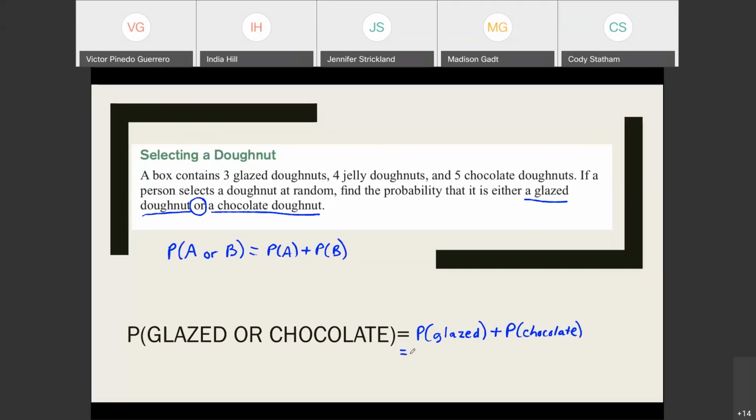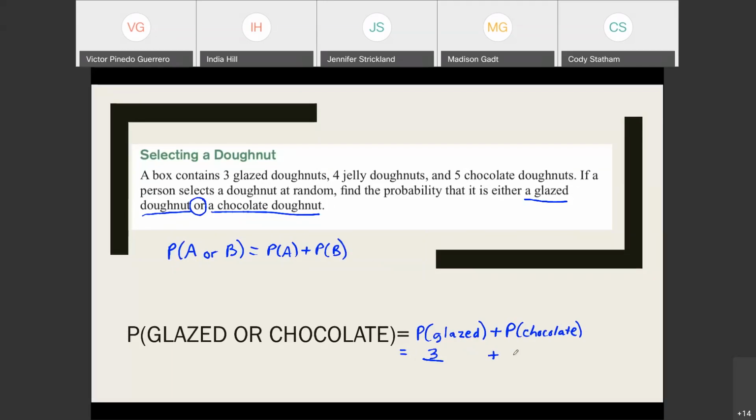So now I need to figure out the probability of selecting a glazed donut. So first of all, how many donuts are in the box altogether? Three. Okay, there are 3 glazed ones, right?